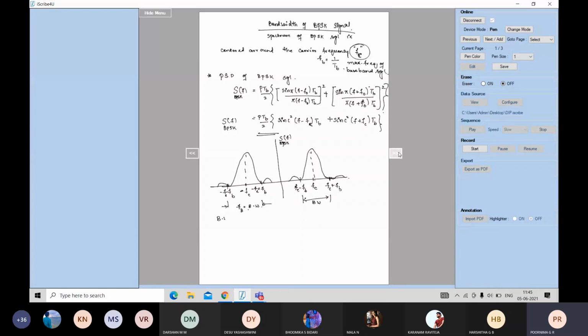The bandwidth computation is based on the main lobe itself.